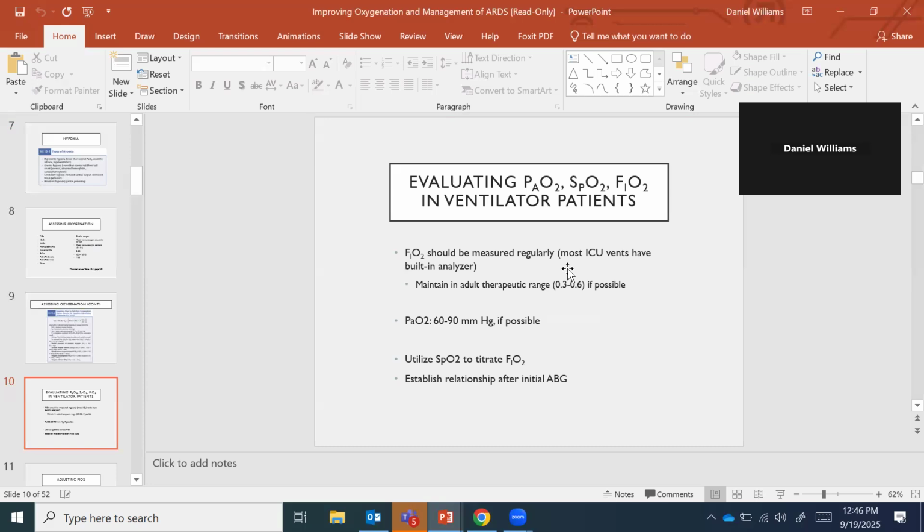And then remember, we said as we're creeping up on our FiO2, if you've got someone that is experiencing a lower SpO2, so they've got signs and symptoms of hypoxemia, but it's responsive to oxygen therapy, you can just go up on their FiO2 to an extent.